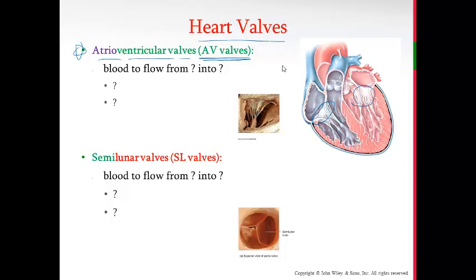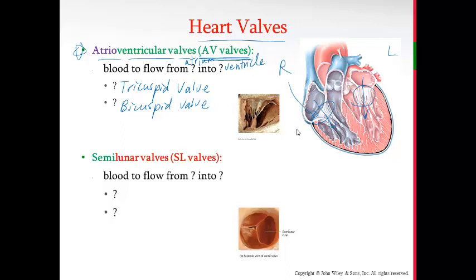The one on the right side is what we call the tricuspid valve, and the one on the left side is your bicuspid valve. They are there so that blood can flow from the top to the bottom chamber. So it allows it to go from the atrium to the ventricle.